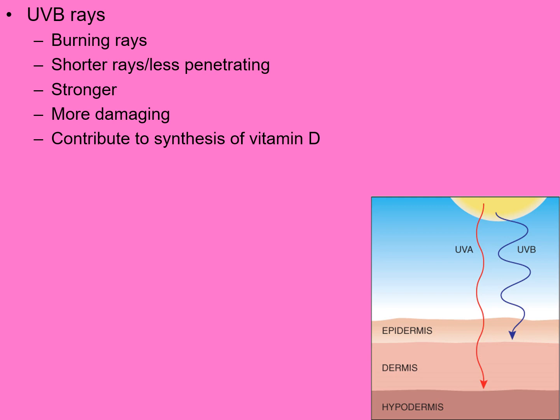Even though they are stronger, they don't go down into the dermis. And the dermis is where all the collagen and the fibroblasts and all the yummy stuff lives. So even though it doesn't get down to the dermis, you still want to make sure that you protect yourself from UVB as well as UVA.